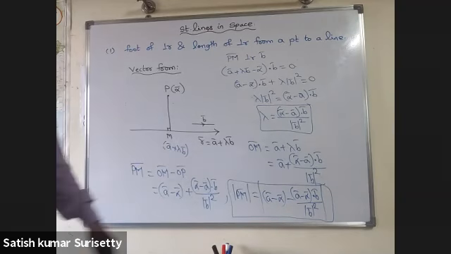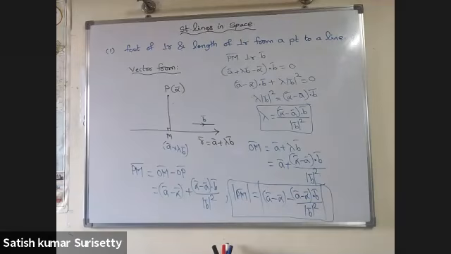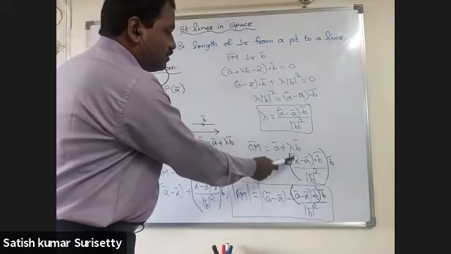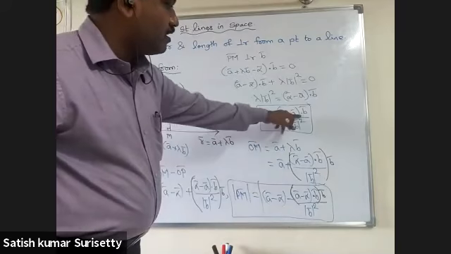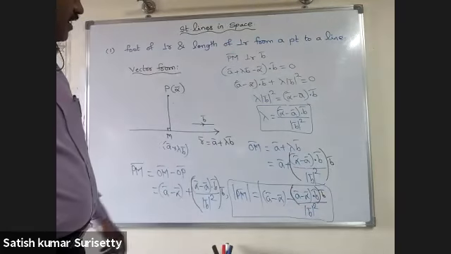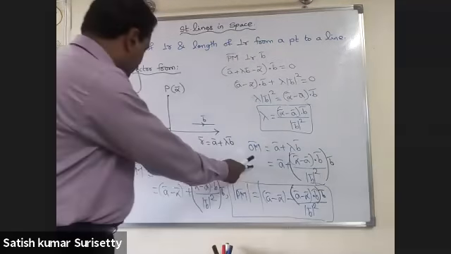And the position vector of the foot of the perpendicular is a bar plus (alpha bar minus a bar) dot b bar upon modulus of b bar whole square. Sir, you missed. See once again: a bar plus lambda, that is (alpha bar minus a bar) dot b bar upon modulus of b bar whole square, into b bar. That is the position vector of the foot of the perpendicular from the point, this OM bar.